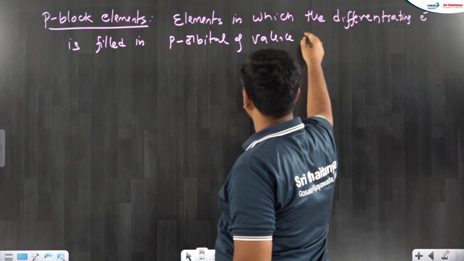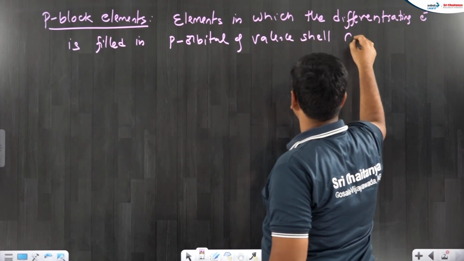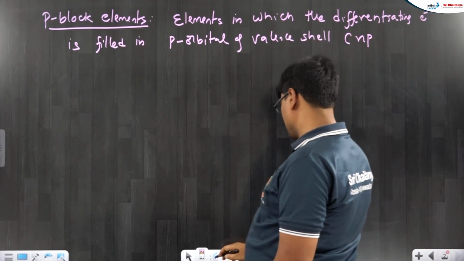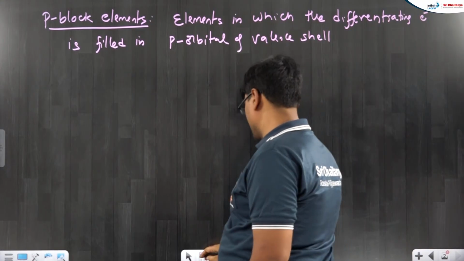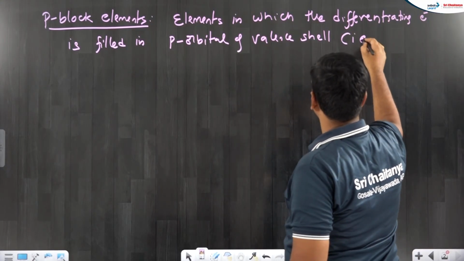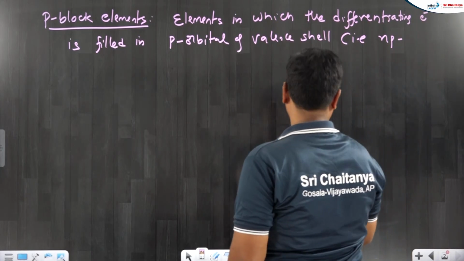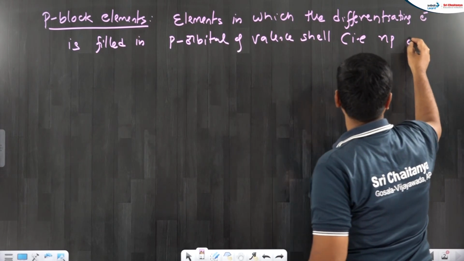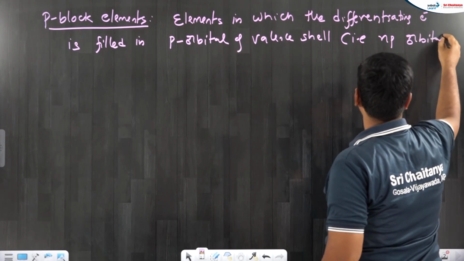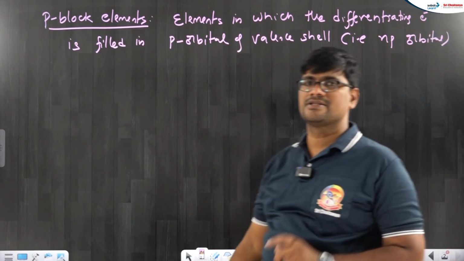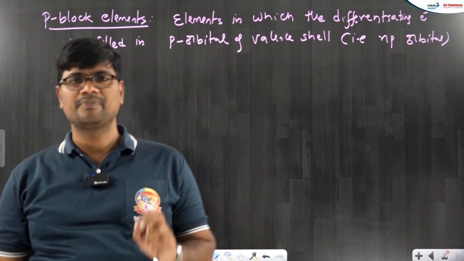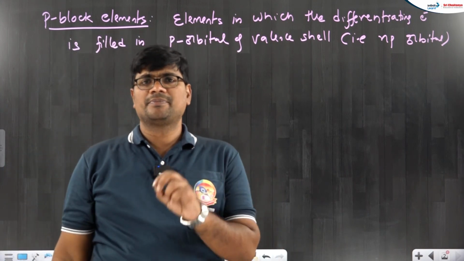That is the np orbital. Valence shell is n, orbital is p. That is called P block elements.